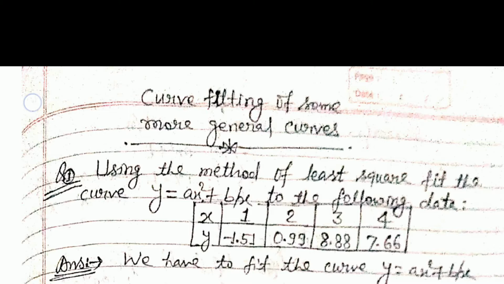But it is not essential that we can obtain the equation of the desired curve in the form of a straight line or in the form of a parabola, etc.